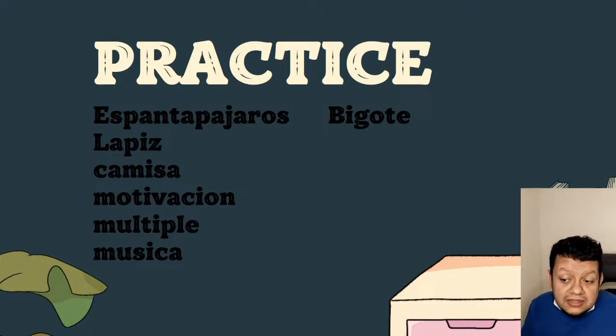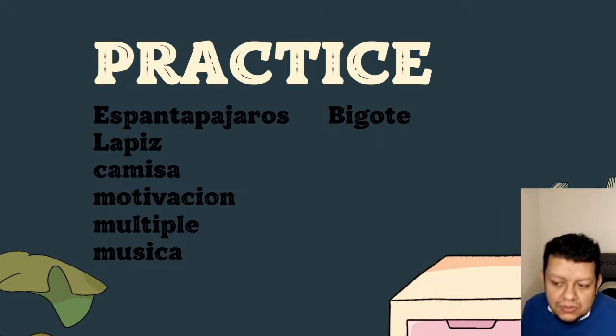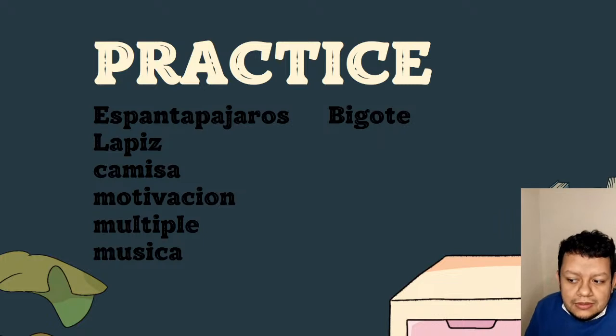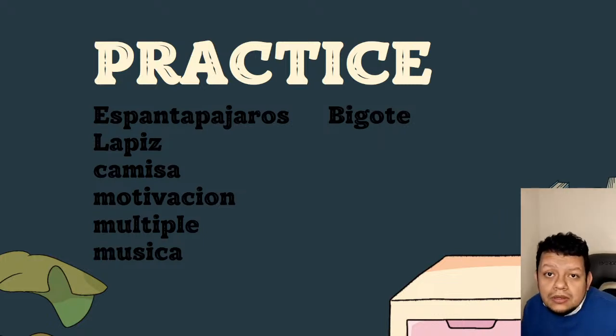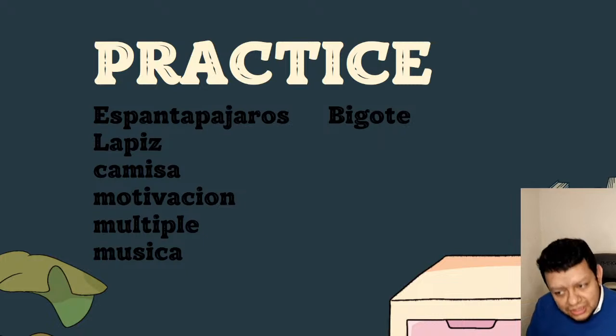Whenever you see the syllable sion, S-I-O-N, or C-I-O-N, they're guaranteed to have the accent mark on the O at the very end. Motivación, canción, reparación. So anything that ends with ion, you're almost certainly going to have an accent mark on that O at the end.